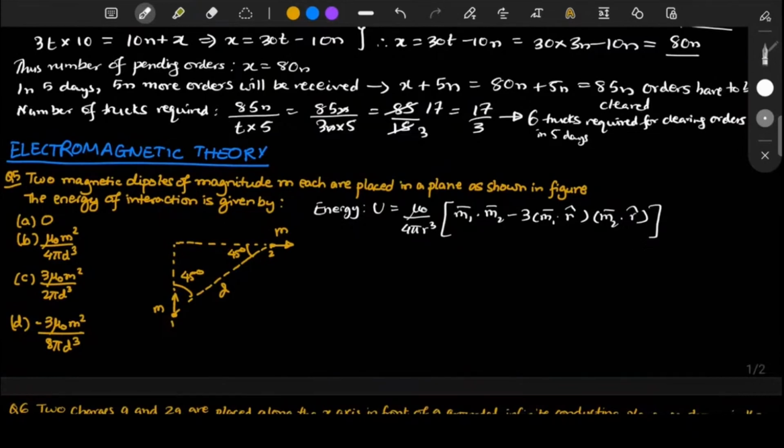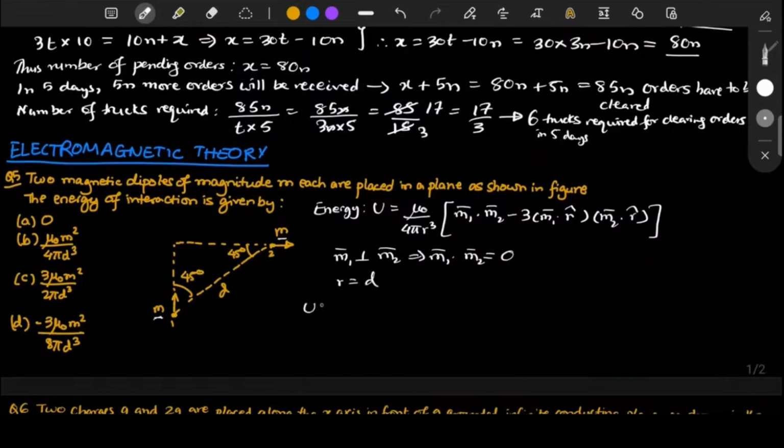Now we clearly see that m1, that is dipole over here, and this dipole over here, they are perpendicular. That is, m1 is perpendicular to m2 in our case. That means m1 dot m2 term is equal to 0. And for our case, r is nothing but d.